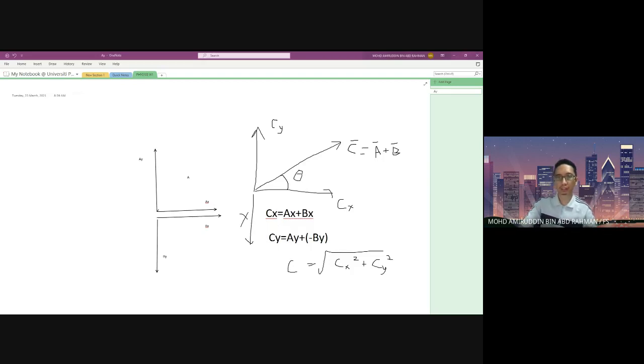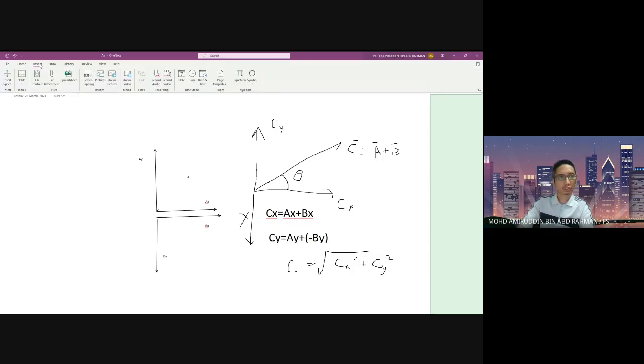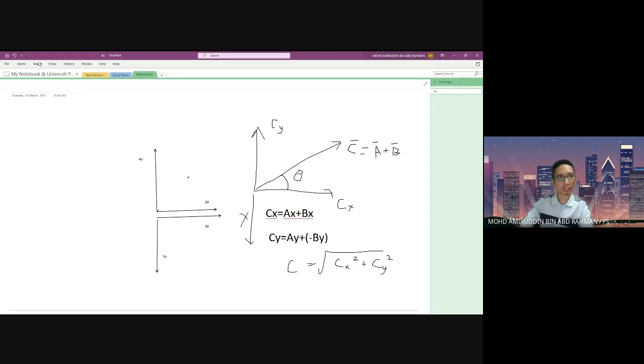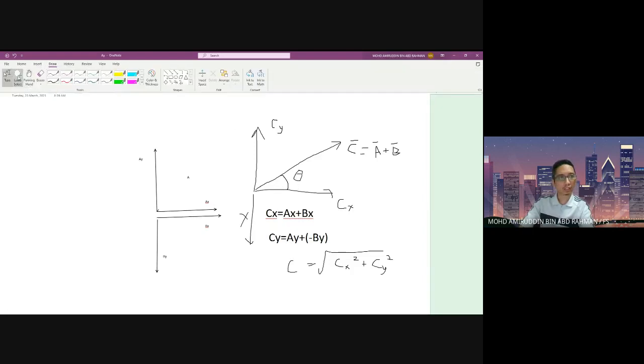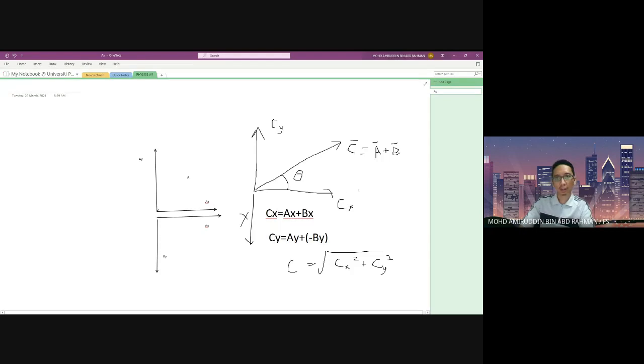So basically tangent theta equals CY over CX.